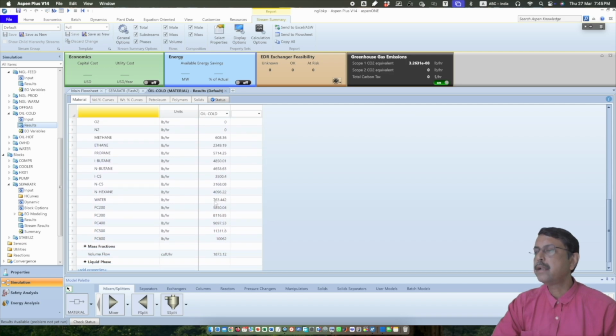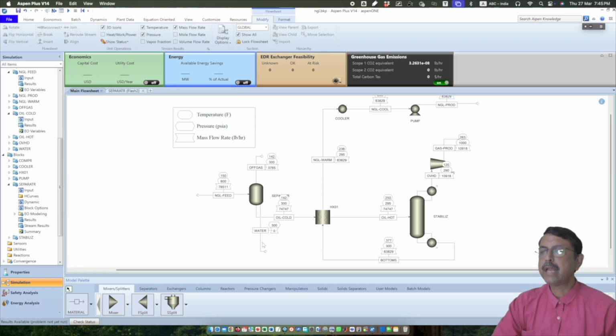So the entire water is going through the oil liquid. If you see the results, this is the result. Yes, the entire water is going through the oil phase. So free water, we don't have any. It is 0.